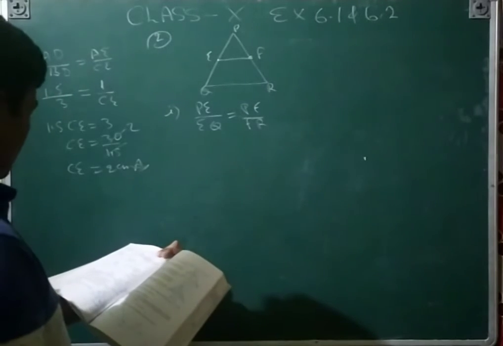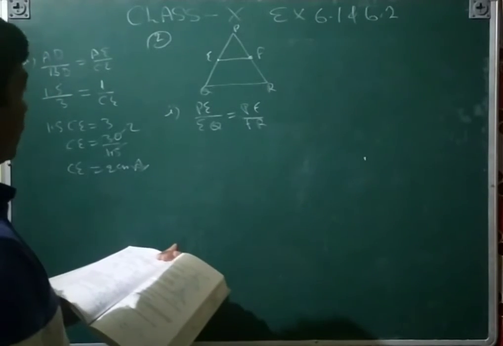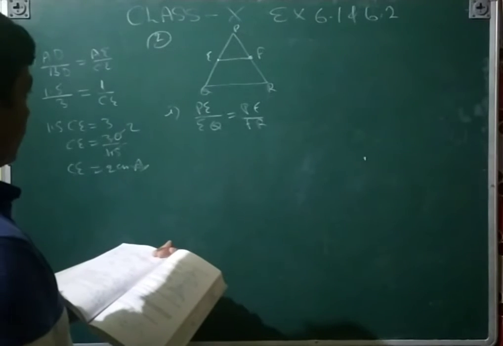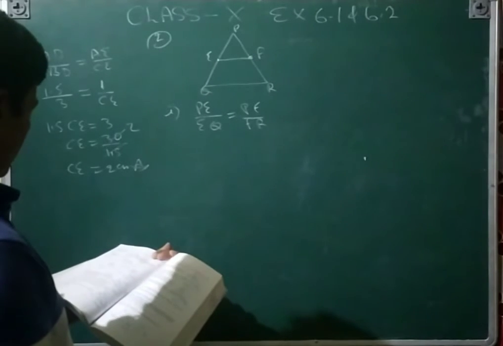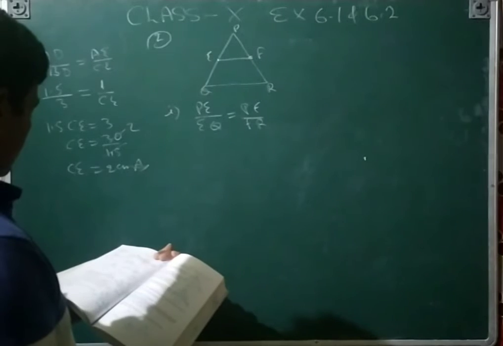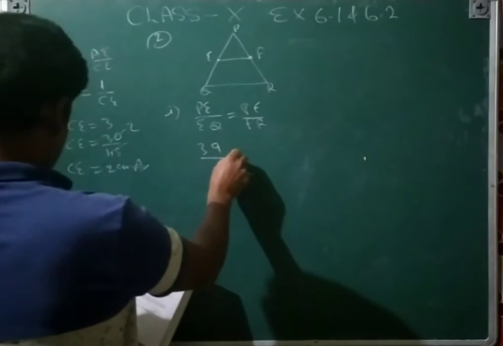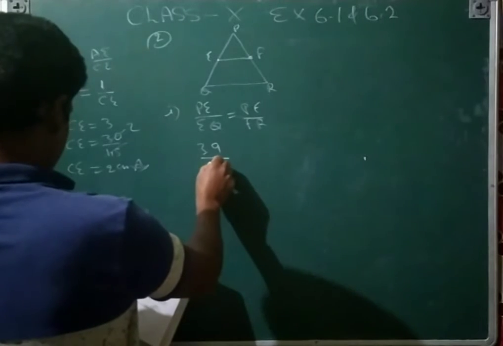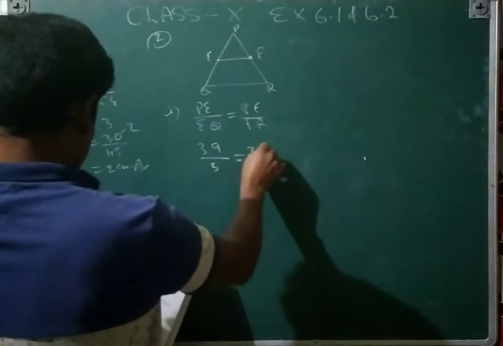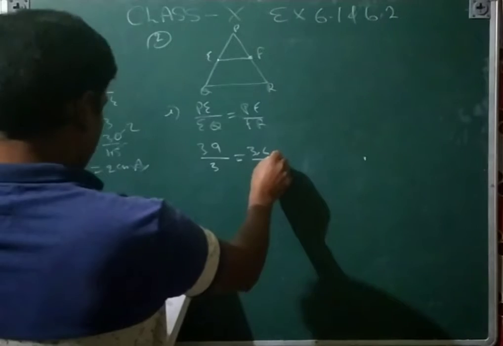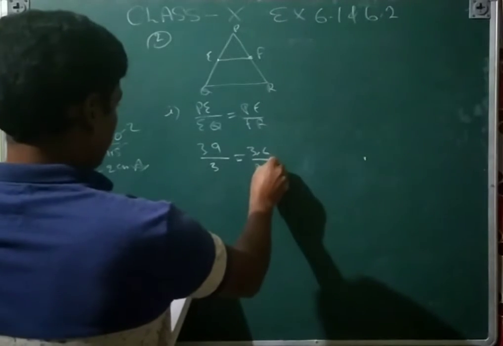Now 3.9 and EQ is 3, is equal to 3.6 upon 2.4.